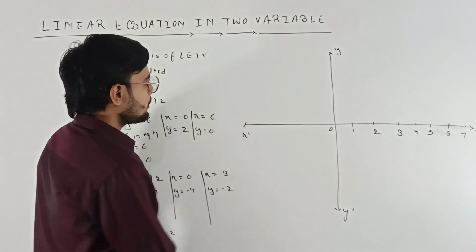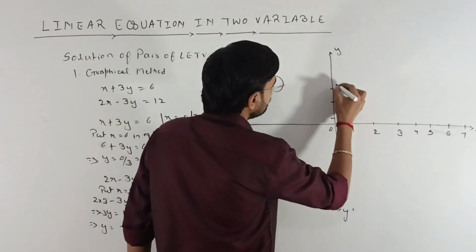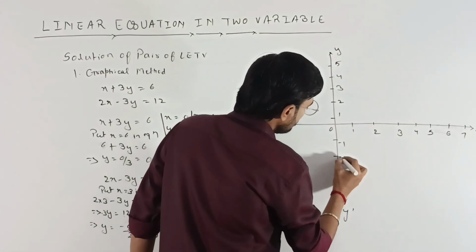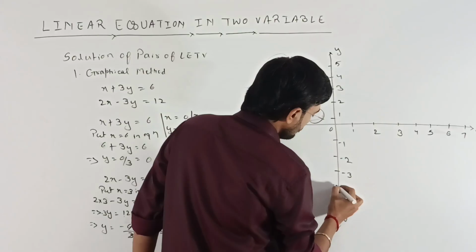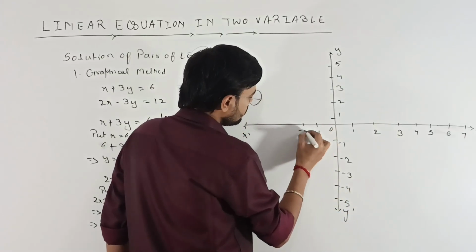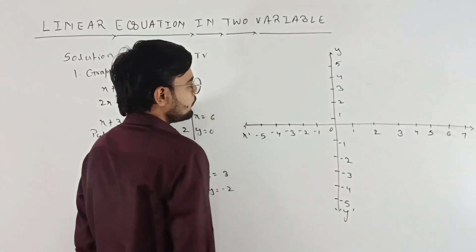Now look, this is 1, 2, 3, 4, 5. This is minus 1, minus 2, minus 3, minus 4, minus 5. Here also minus 1, minus 2, minus 3, minus 4 and minus 5.